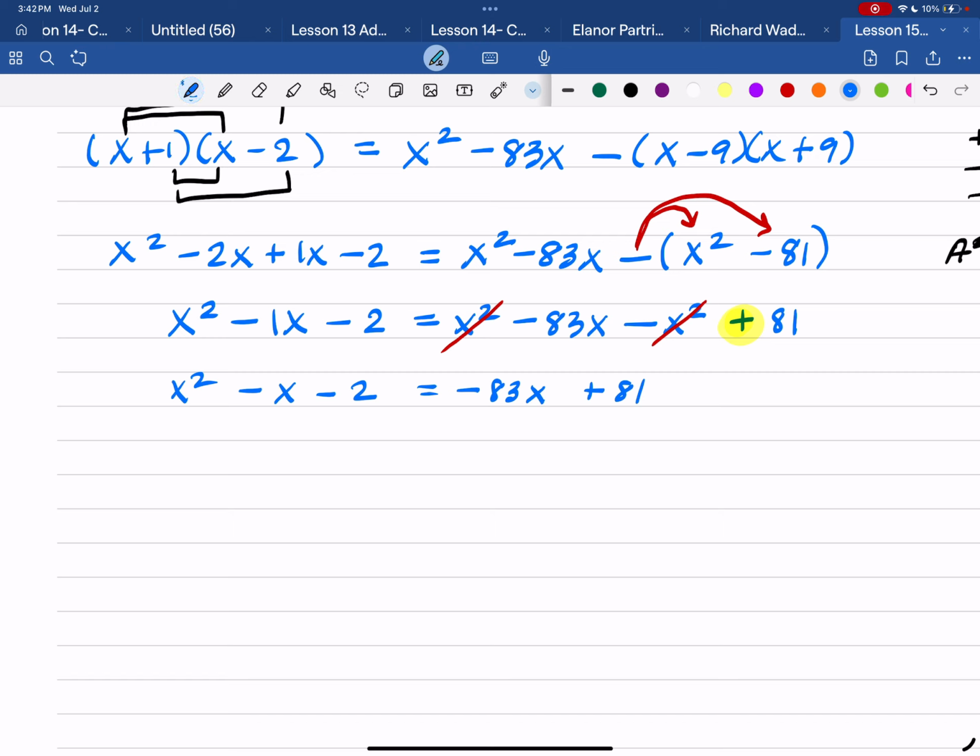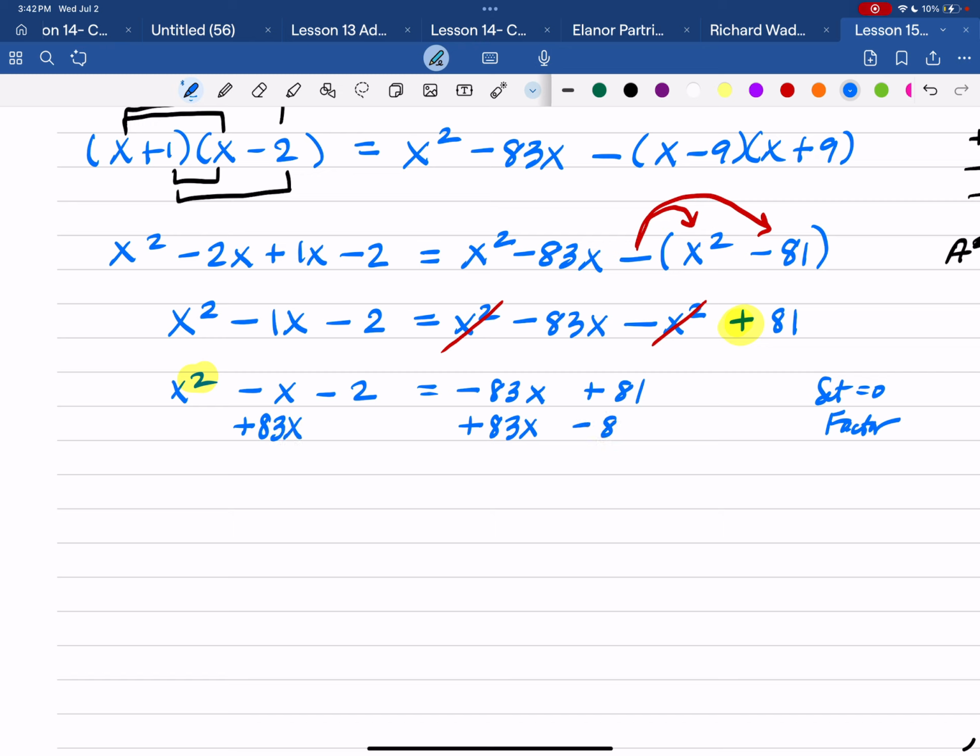So I've got to get everything on one side because, remember, you got an x squared. That means I need to set it equal to 0 and factor it to solve it. So let's see. I need to add an 83x, and if you do it to one side, you have to do it to the other side, and I'm lining them up.